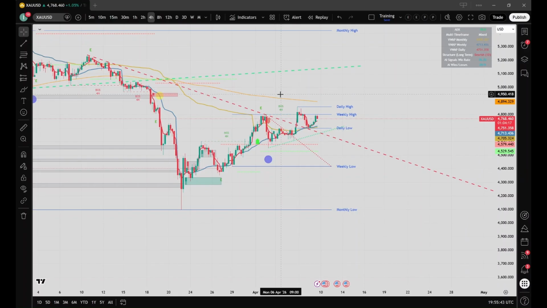Same with a sell. If it's a sell signal, 4 candles later, if price is still lower than where you entered at that particular candle close, that's counted as a win.